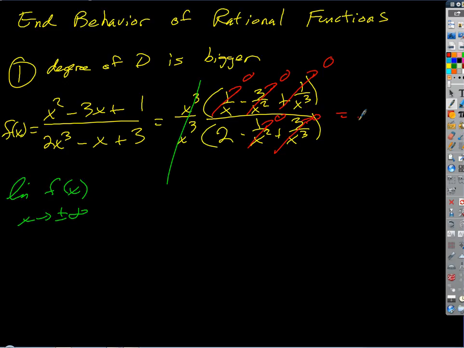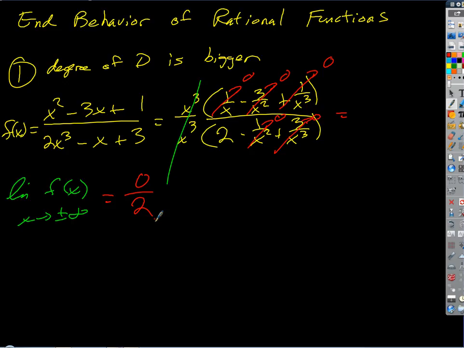So then when we take our limit, what are we going to get? Well, on the top, we just get 0. And on the bottom, we get 2. Well, what is that? 0, right? Okay, so there's algebraically how we would show that it's 0.